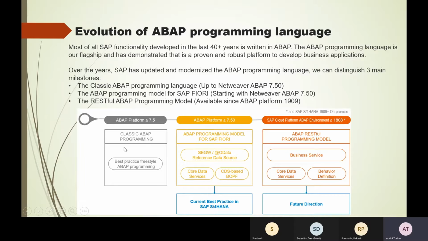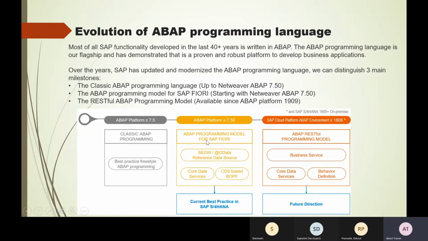In classical ABAP programming we don't have much, but in ABAP platform greater than 750, we have ABAP programming for the SAP Fiori. Then OData services are also introduced. This is in S4HANA.